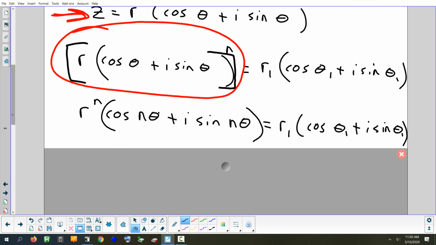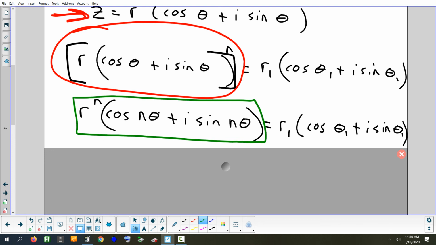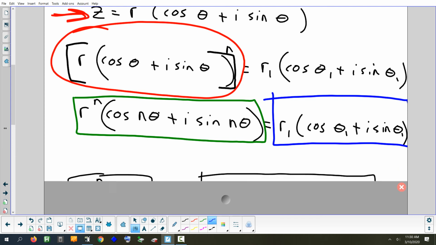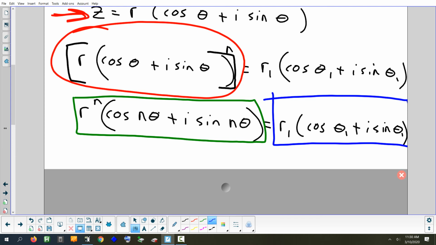Okay, so on the left, in the green box, you have a number in trig form. On the right, in the blue box, you have a number in trig form. What's between the green box and the blue box? Equals. So what that means is what's on the left has to equal what's on the right. There's two things that have to match.